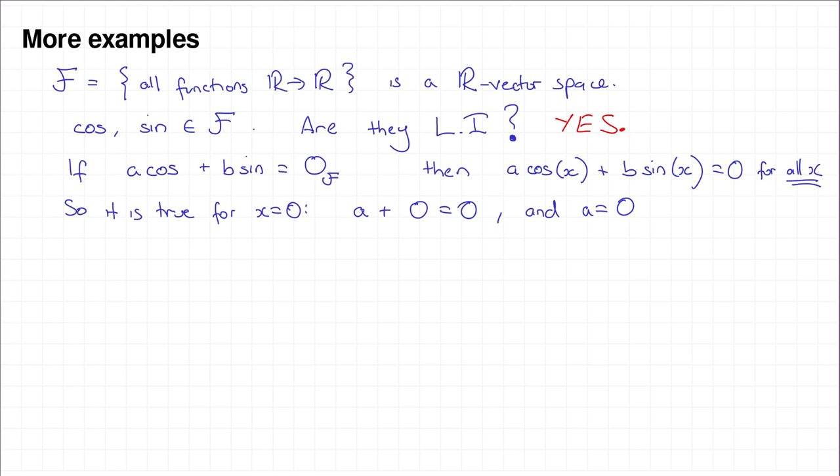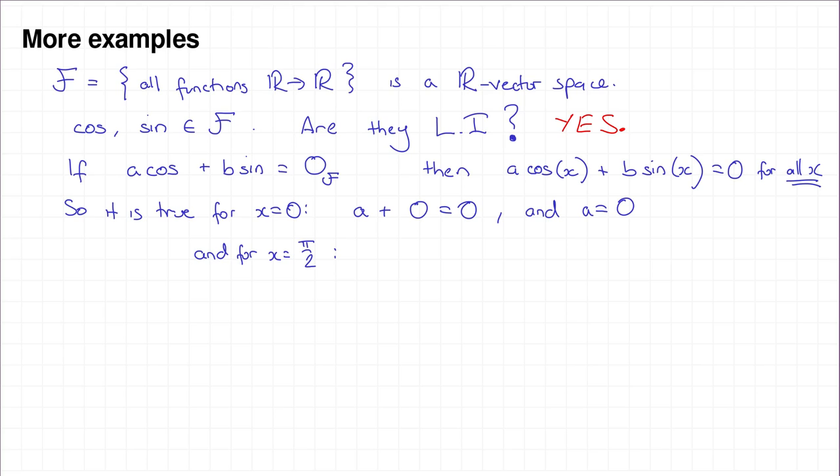On the other hand, it's also true for x equal to pi over 2. Cosine pi over 2, if I remember correctly, is equal to 0.